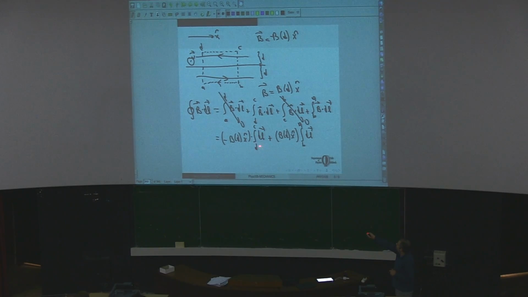Now, this integral is nothing but the difference RC minus RD. Well, let's just assume that this length is L. In that case, RC minus RD vector is nothing but a vector connecting point D to point C, but that is nothing but L x hat.